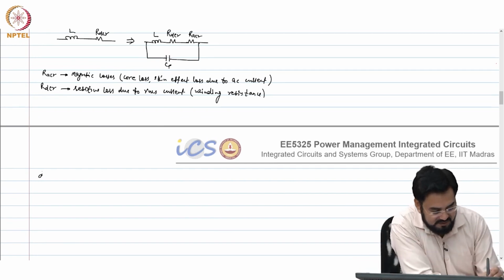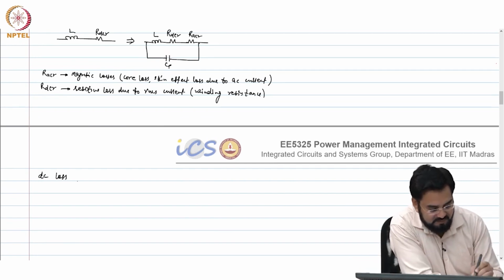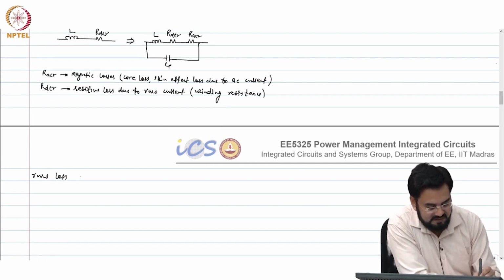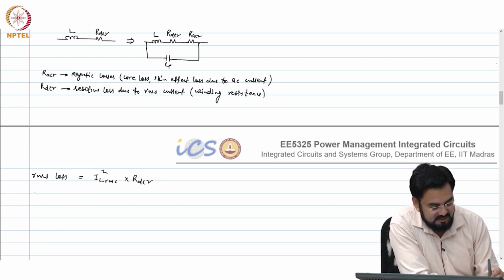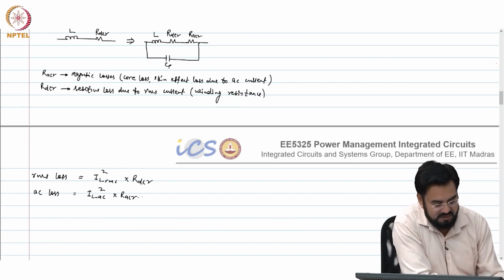So, your DC loss, or RMS loss I would say, you represent as ILRMS squared multiplied by RDCR, and AC loss you represent as IL AC squared times RACR.